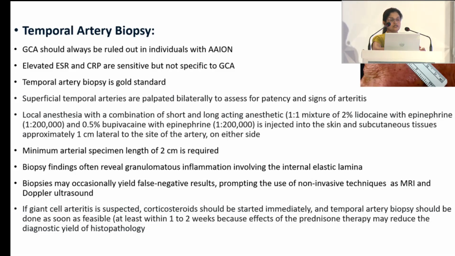You have to do it under local anesthesia with a combination of local anesthetic and epinephrine, and you have to take a minimum of 2 centimeters to avoid skip lesions. In the histology you can see granulomatous inflammation involving the internal elastic lamina. Biopsies may occasionally yield false negatives, prompting the use of non-invasive techniques like MRI and Doppler ultrasound.